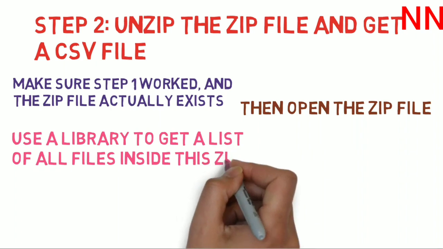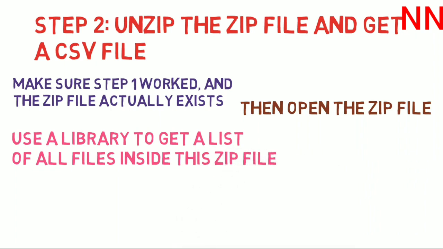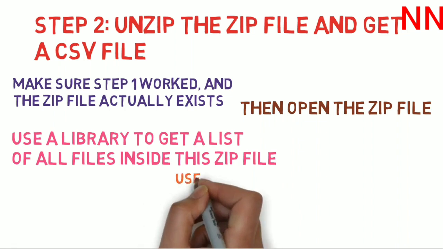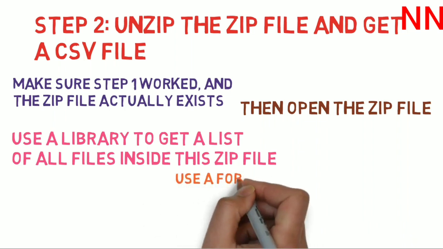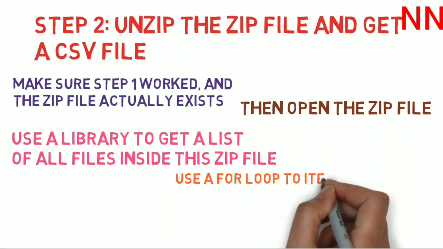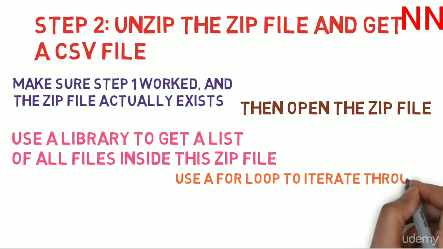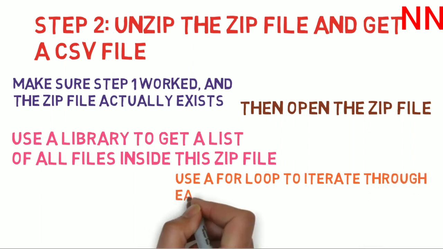Then we'll use a library to get a list of all the files inside the zip file. We'll use a for loop to do so. This is like pouring out of the barrel.